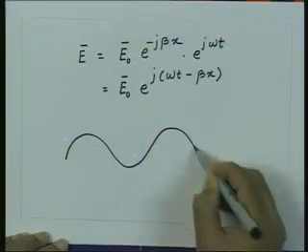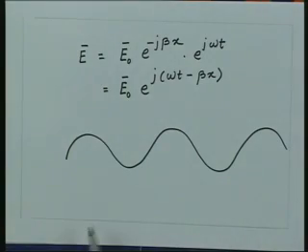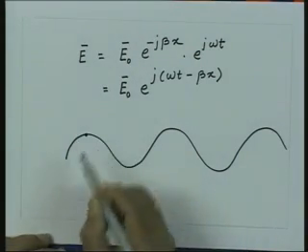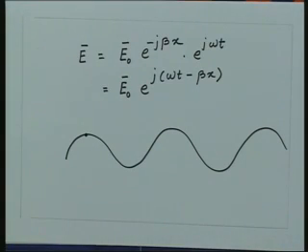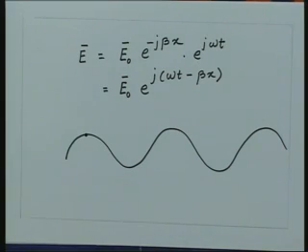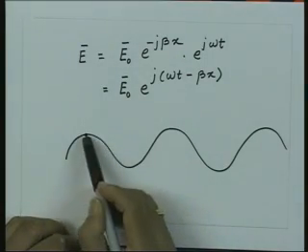However, suppose I hold on to a particular phase point on the wave. Let us say this is the wave. If I take any particular point and I hold on to this point, so as an observer we are not standing and watching the wave moving, but let us say we are holding on to a particular phase point on the wave. So this is the point, let us say I want to hold on to.